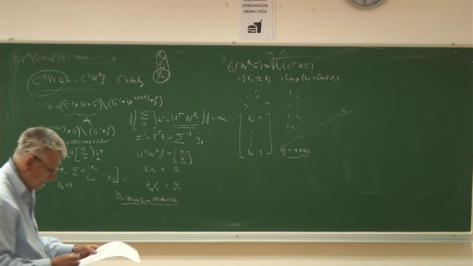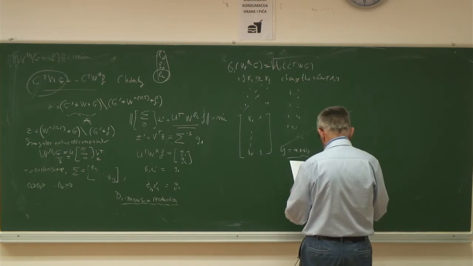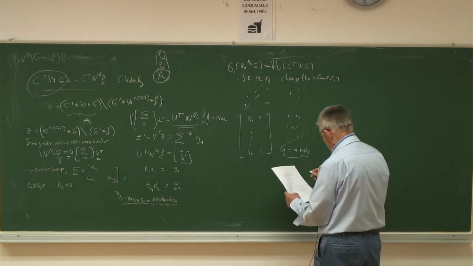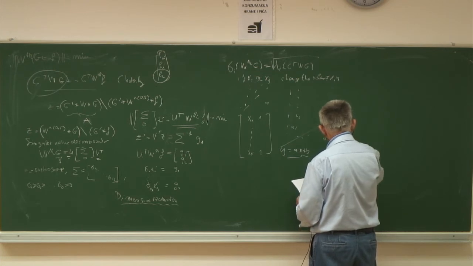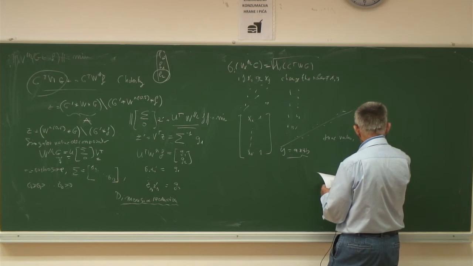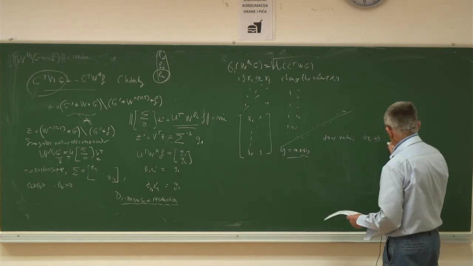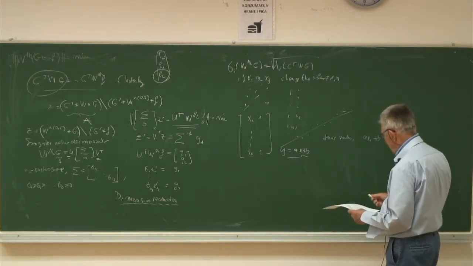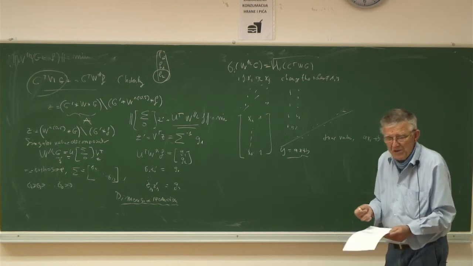So, the difference between the true value a x_i plus b, which lies on the line, and the measured value y_i, should be distributed in a Gaussian way.